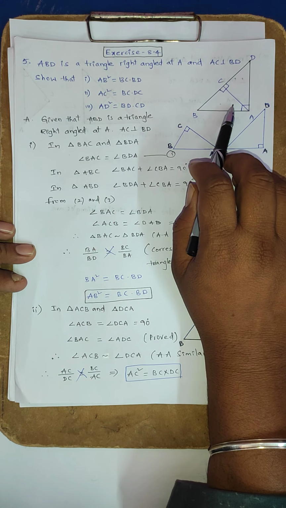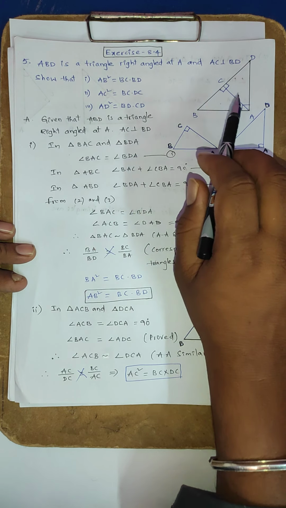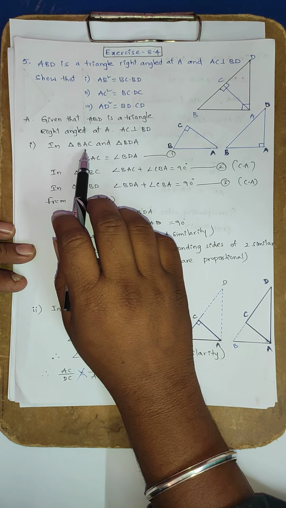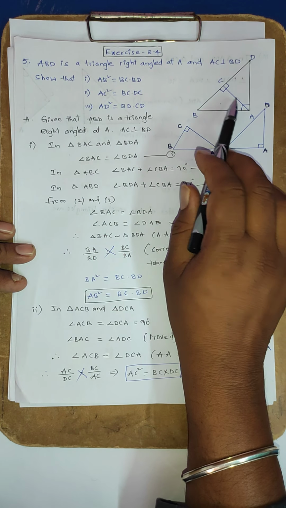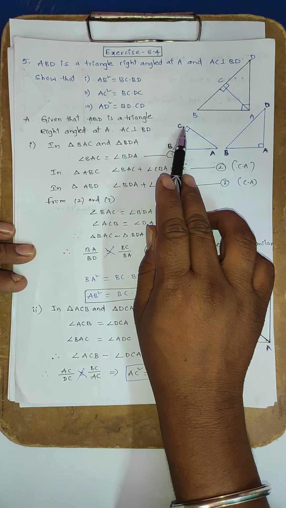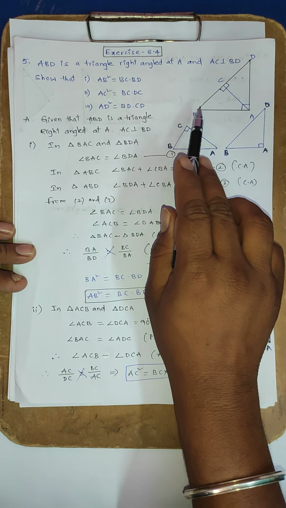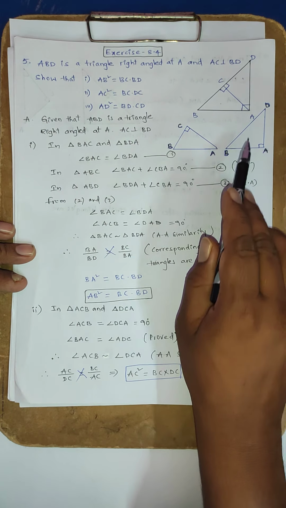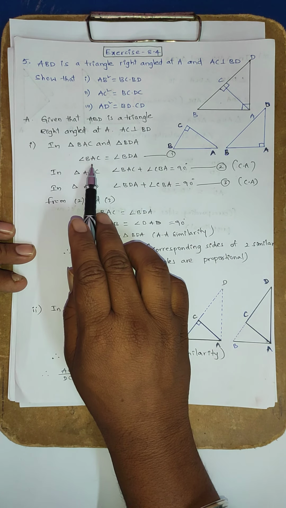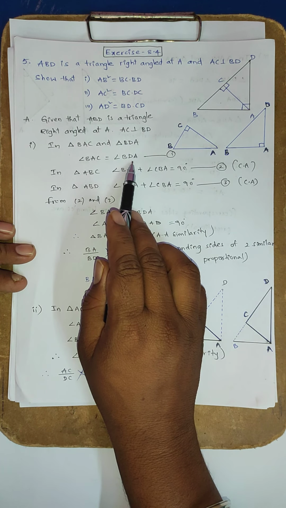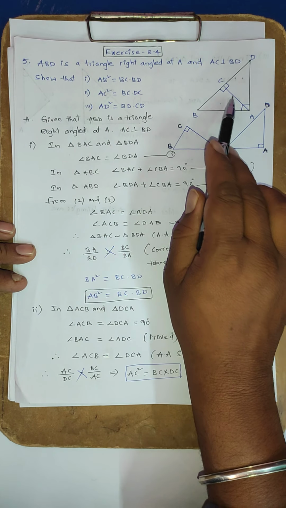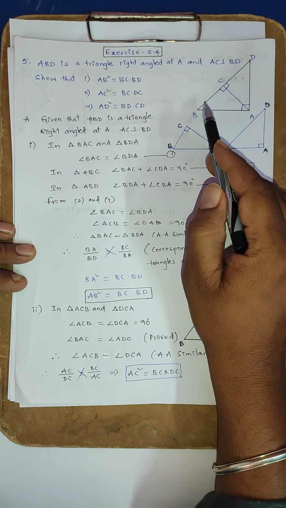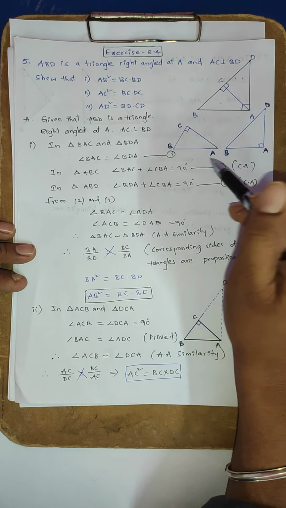Only this rough diagram is enough in the examination. In triangle BAC and BDA, the small triangle and the big triangle, angle BAC is equal to angle BDA.